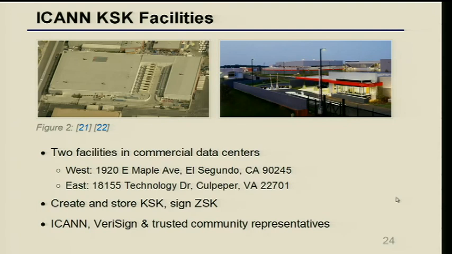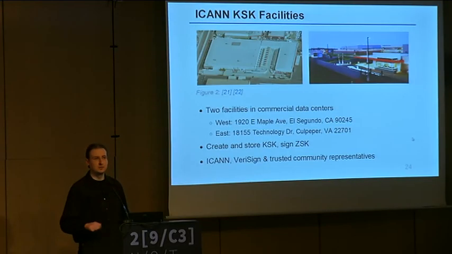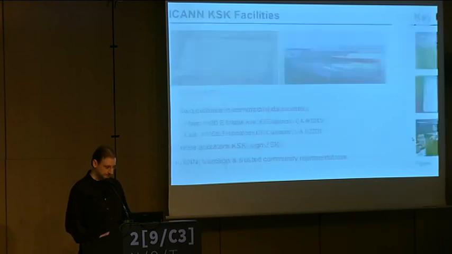ICANN creates the KSK, ICANN signs the ZSK, which is brought by VeriSign, and also trusted community representatives are involved in this process. Trusted community representatives chosen by ICANN are there to oversee the process, to make sure everything is working correctly, and to say, yes, I've seen this, and they created the key in the right way.